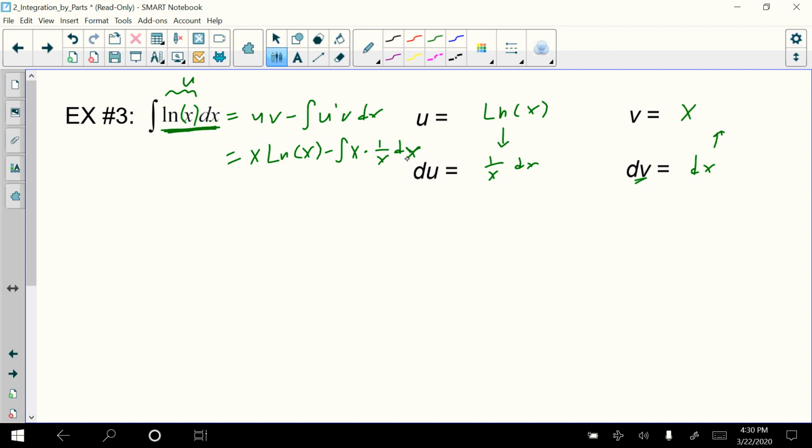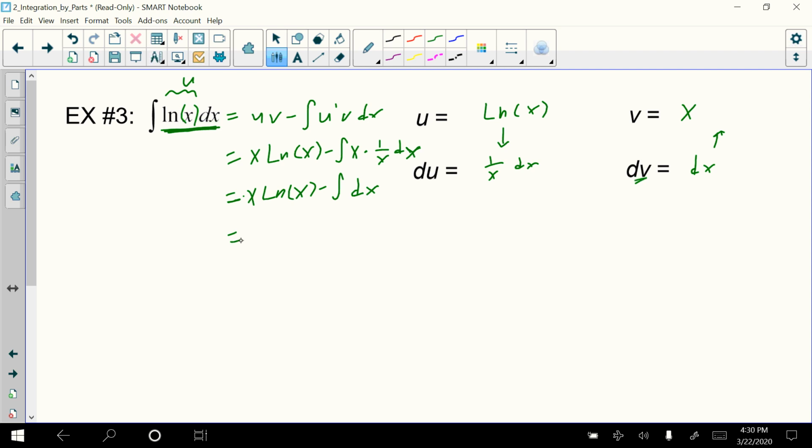And now we can simplify. To the left of the integral, where it says x times the natural log of x, there's really nothing that we can simplify there. So we have x times the natural log of x. But in the integrand itself, x times 1 over x, well, that whole thing will just simplify to be dx. And just like in the last example, at this point, the integrand is as simple as it will get.